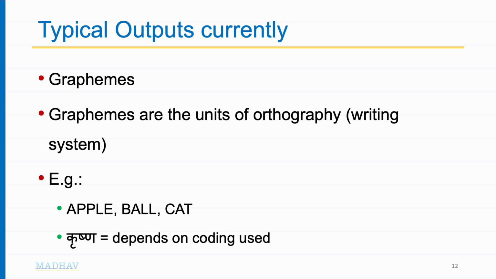But there are other Hindi keyboards where you can directly type ka, ri, sh, na, and a. So people use different encodings for Hindi, and depending on the coding, you have the sequence. Just that sequence is a grapheme for you.